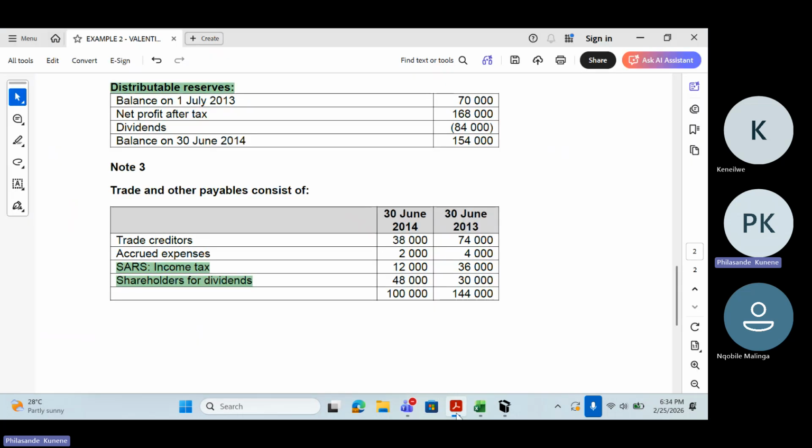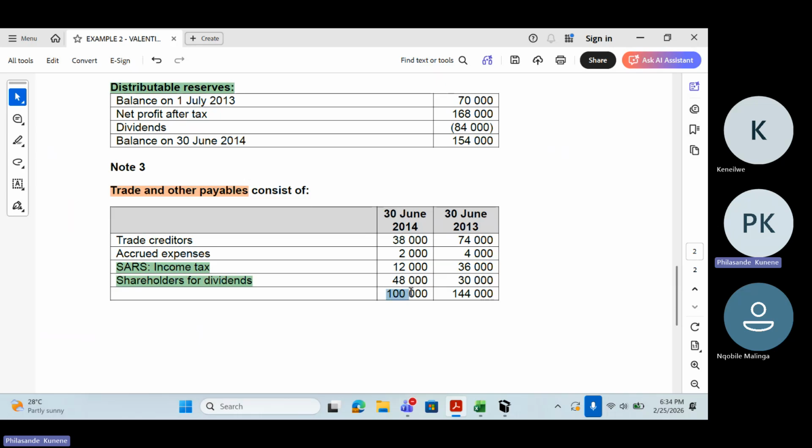That is the reason why we always have to check the notes for trade and other payables and trade and other receivables. The next question we're going to do will also consist of SARS income tax sitting in trade and other receivables. Shareholders for dividends will never be in trade and other receivables, it will always be under payables.